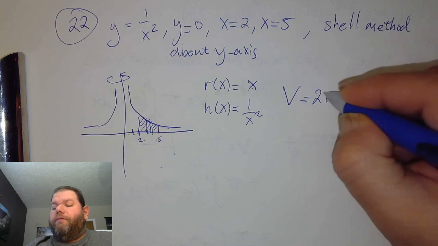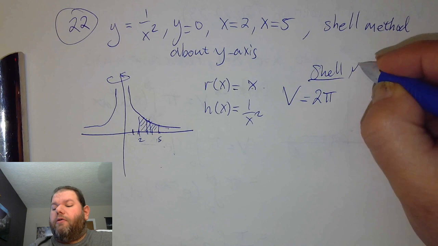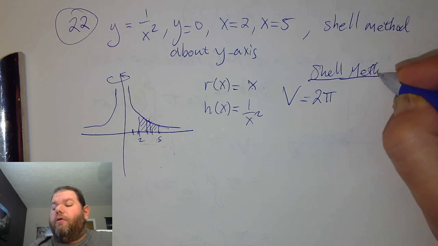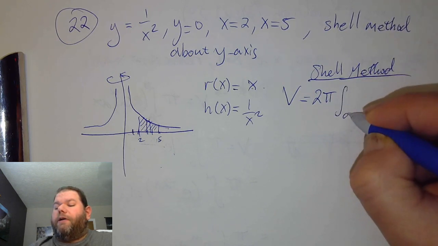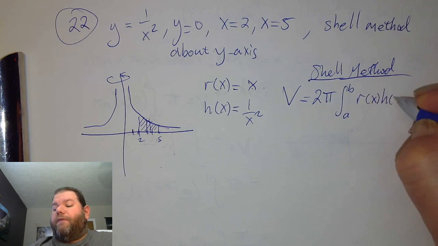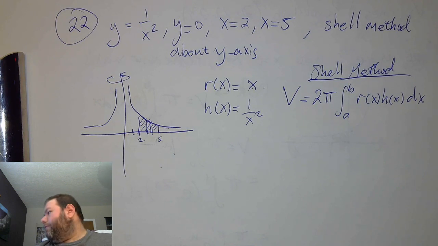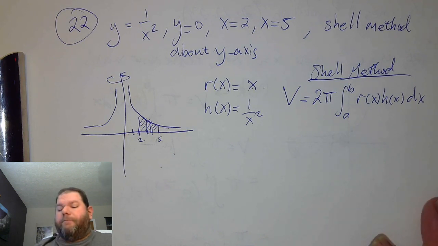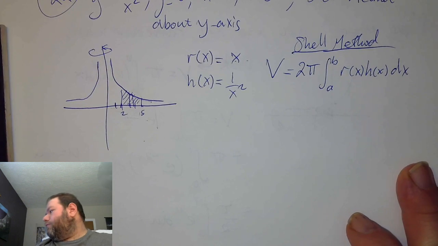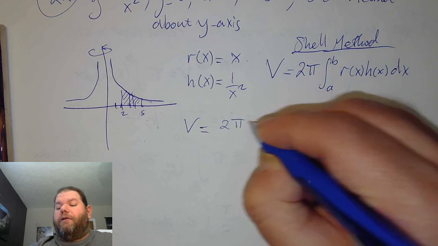Now our formula for the shell method is 2 pi integral a to b r of x times h of x dx. So, in this case, we'll have 2 pi.